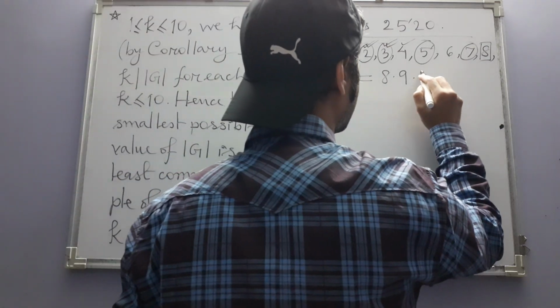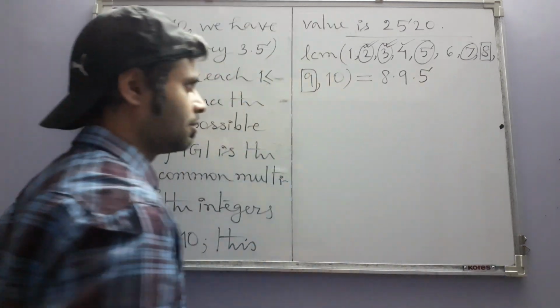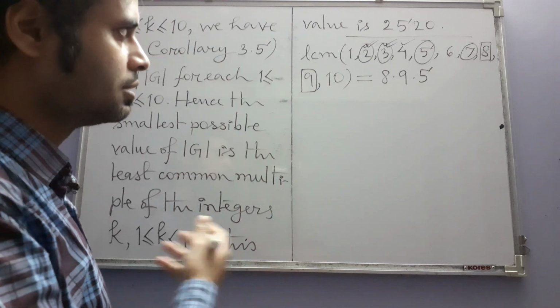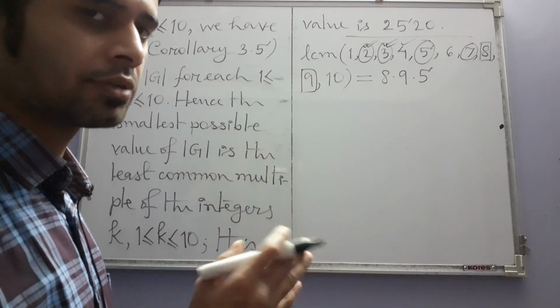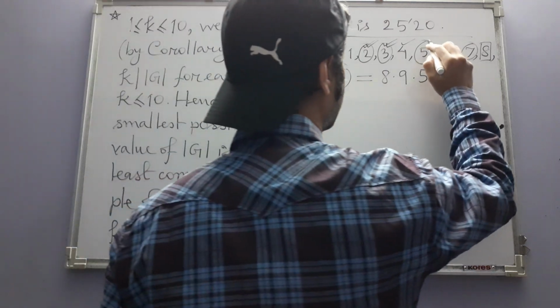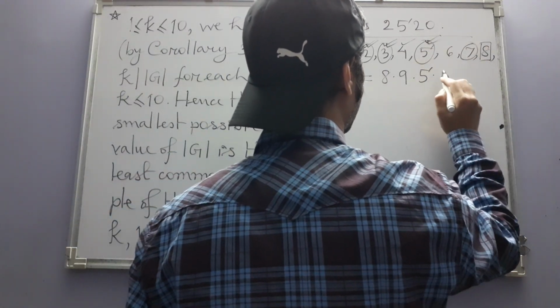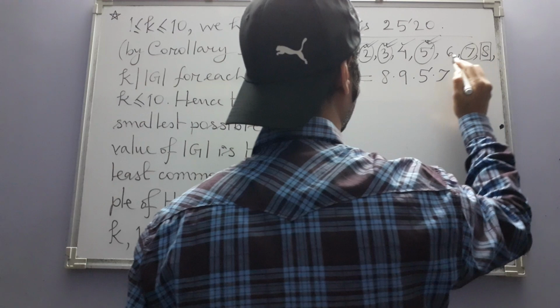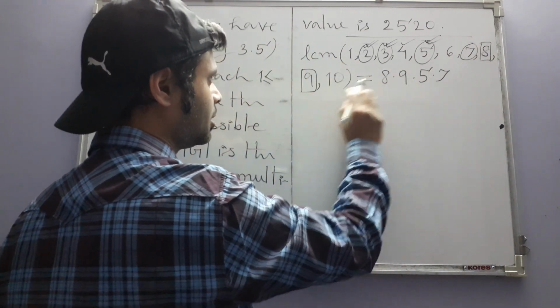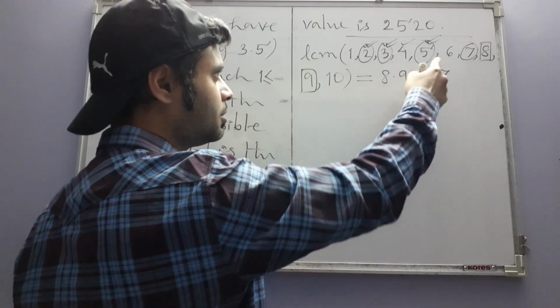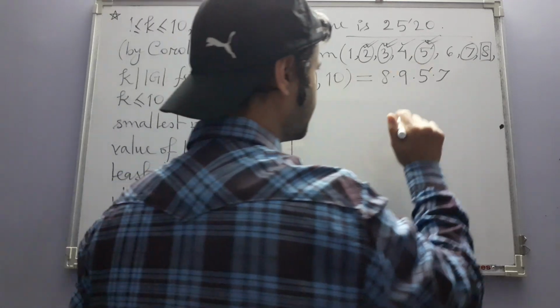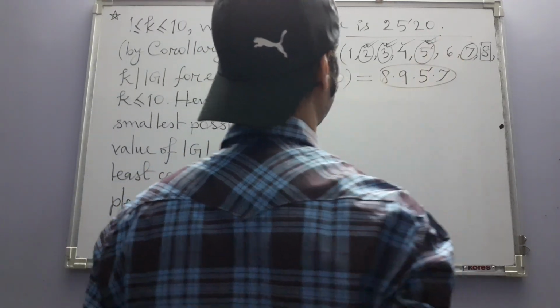So the highest power of 5 in this situation is 5 itself, not 5 square or 5 cube. Similarly 7, because among these numbers 7 simply appears here. The next multiple is 14, which is not here. So this is your number.